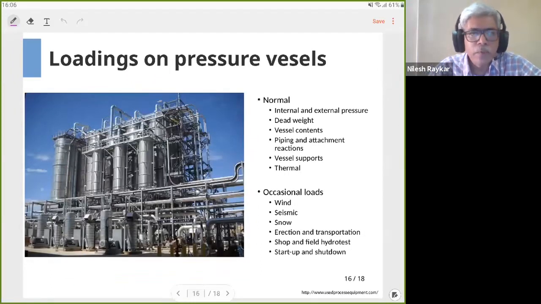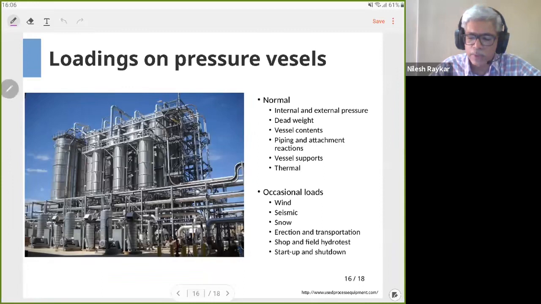The different types of loading come on the vessel. So when you are doing the analysis, you should take care of the different load combinations. Later on, we have seen that there are certain standard load combinations, which are prescribed by the design codes, and in order to do that, you have to take a comprehensive list of all loadings that are acting.